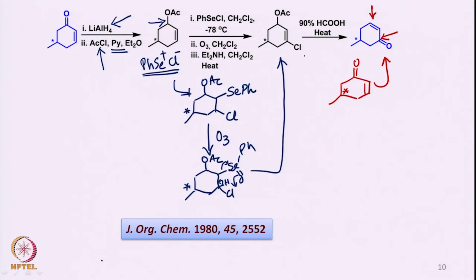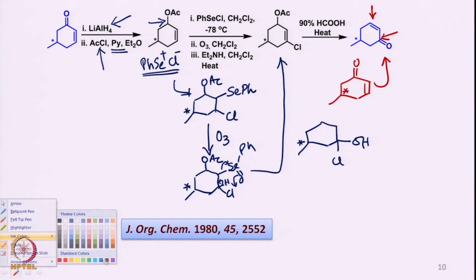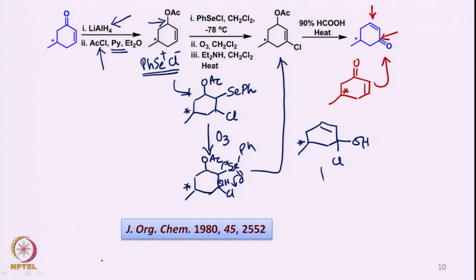Then this is reacted with 90% formic acid, so you get hydrolysis in this way, with the loss of acetate, and this then undergoes loss of hydrochloric acid to form the corresponding ketone like this.